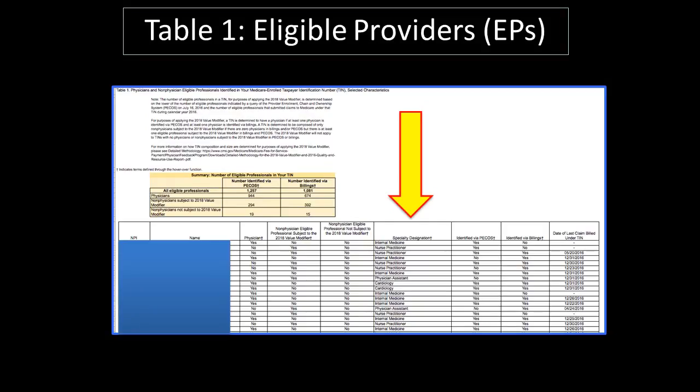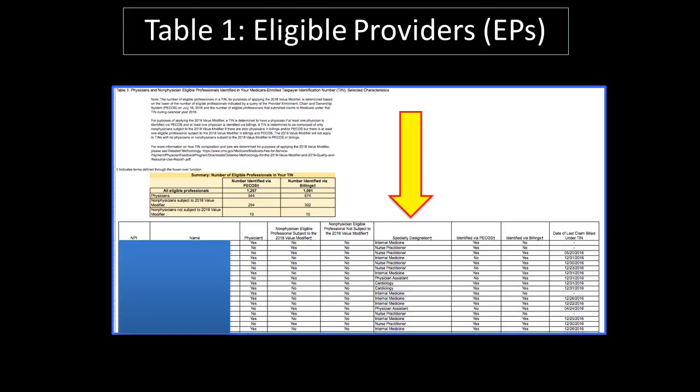I would like to highlight one specific point, and that is about midway through the columns, you can see a column that says specialty designation. And this is a very important column because this is where CMS has actually made a determination if a given provider belongs to a specific specialty.